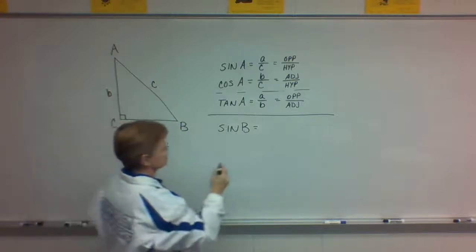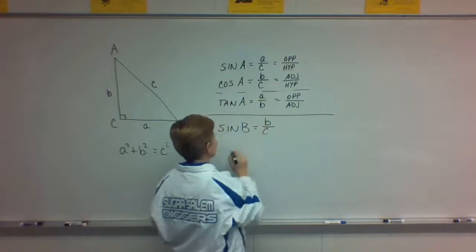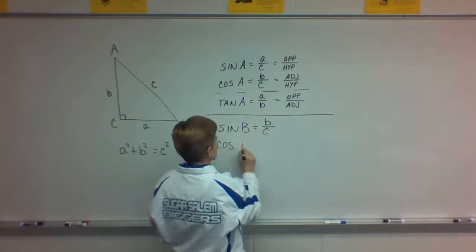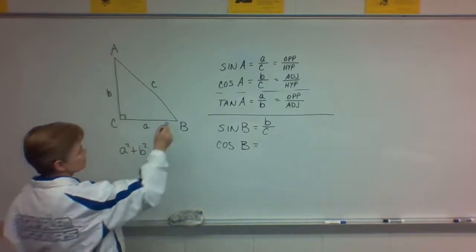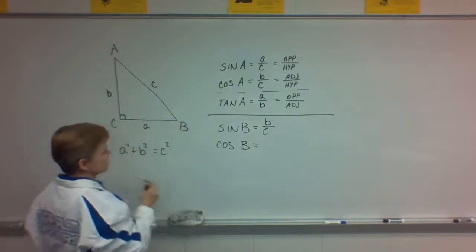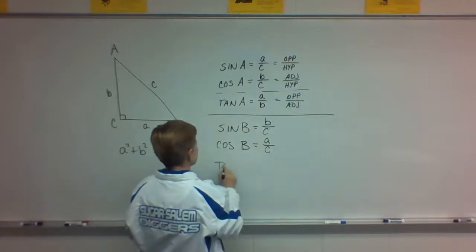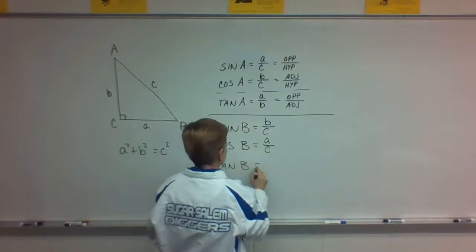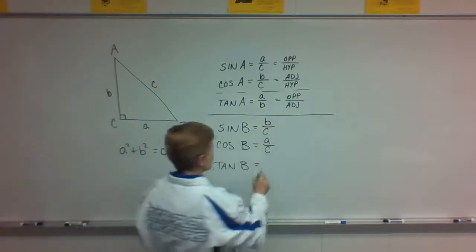B over C, because its definition is opposite over hypotenuse. What is the cosine of angle B? A over C, because with respect to angle B, that leg is attached. It goes on top. Hypotenuse on the bottom. What's the tangent of B? B over A.